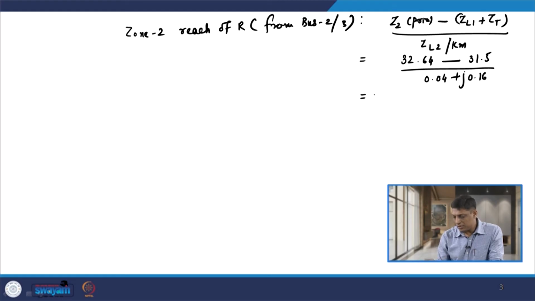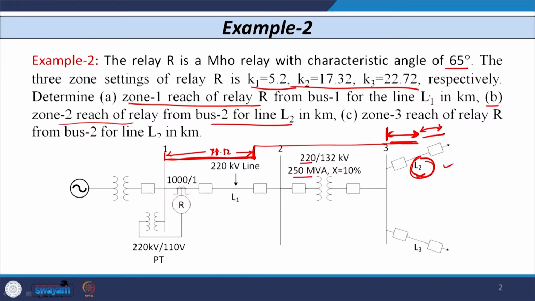So, if you solve this, you will get the value 6.91 kilometer. So, if I look at this figure, from this bus, from this point, the second zone reach of relay R for line L2 is only 6.91 kilometers.